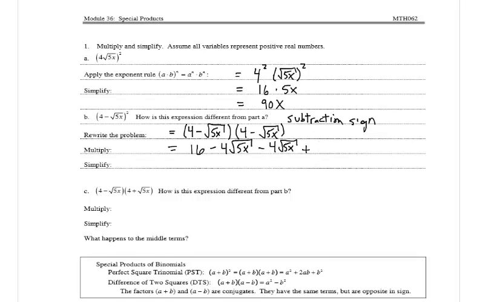And we have square root of 5x times itself gives us 5x. And when we simplify, we can combine our like terms, and we have negative 4 times the square root of 5x minus 4 times the square root of 5x. So we have 16 minus 8 square root of 5x plus 5x.